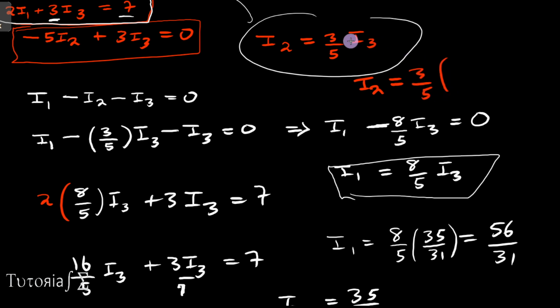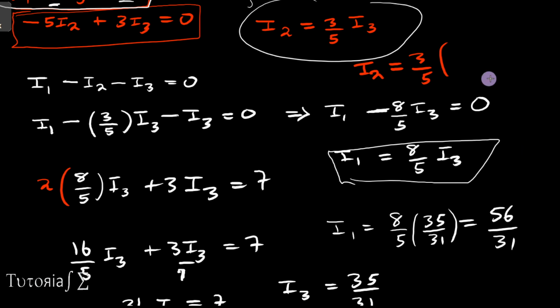Our I3 is 35 over 31. Then we can simplify this as 7 times 3, which is 21 over 31. Okay, so these will be the currents.